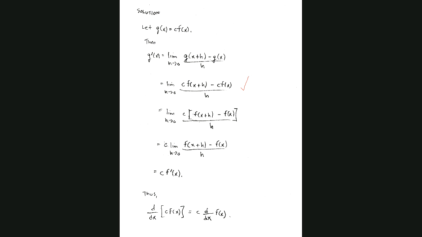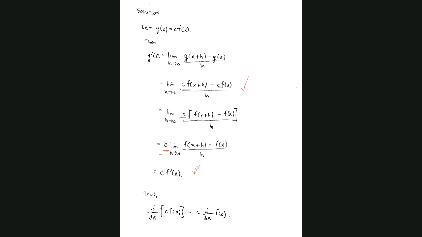So, we notice that there's a constant here, and the constant can be factored out. But then that constant can then be factored out in front of the limit as well, giving us that g prime of x is just the constant times f prime of x.